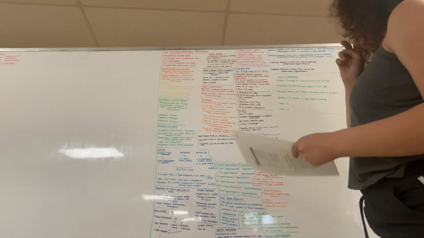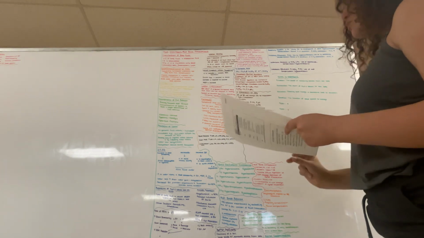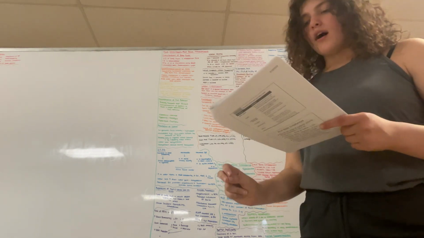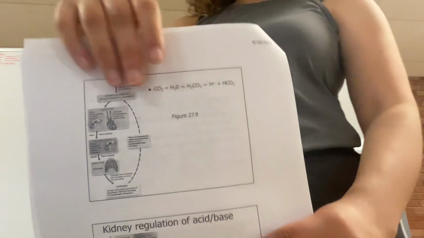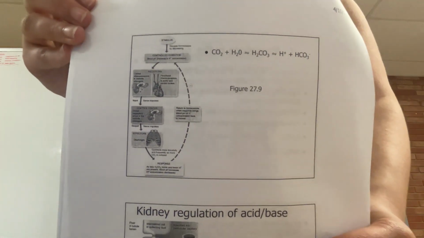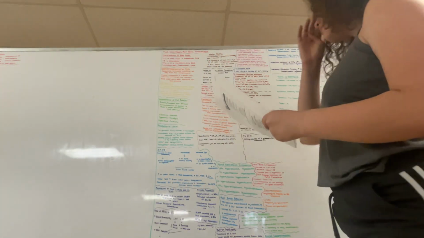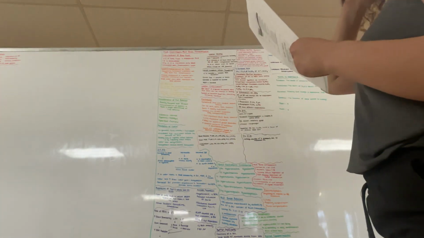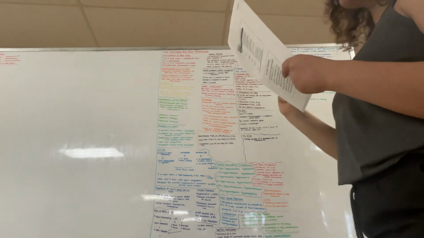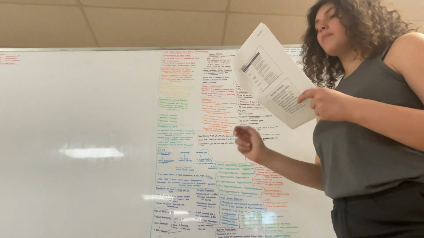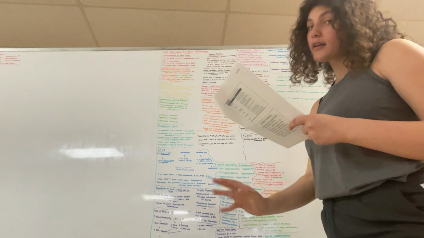To describe figure 27.9, which is a terrible picture, in simple terms, you have a more acidic H concentration, so your blood is a little more acidic.